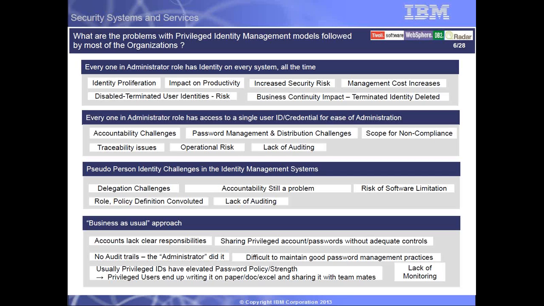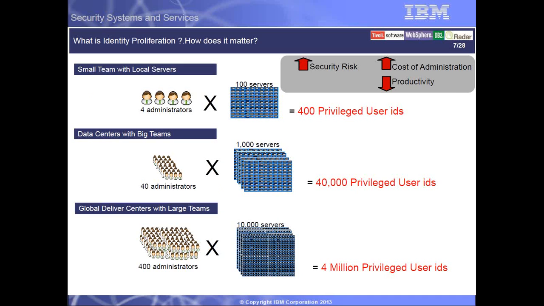Difficult to maintain good password management practices. As I mentioned earlier, usually privileged IDs have elevated password strength. So that results in privileged users ending up writing it on paper, docs, Excel, and sharing it with the teams. And the last thing is lack of monitoring. You don't have adequate monitoring for these privileged IDs in a business as usual approach.